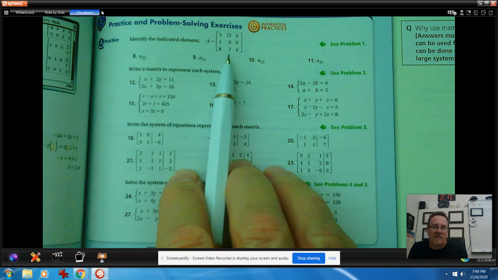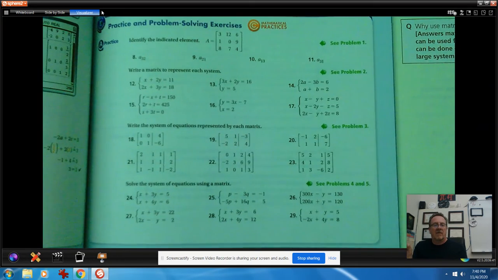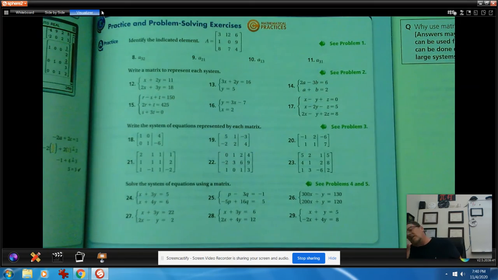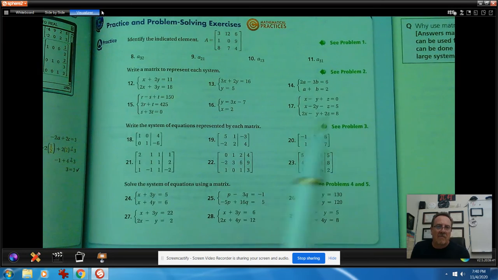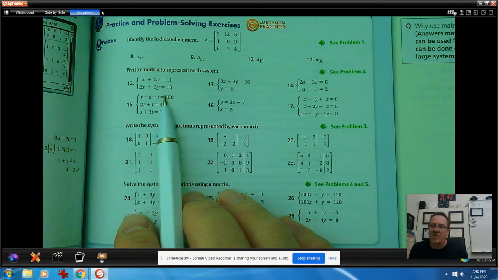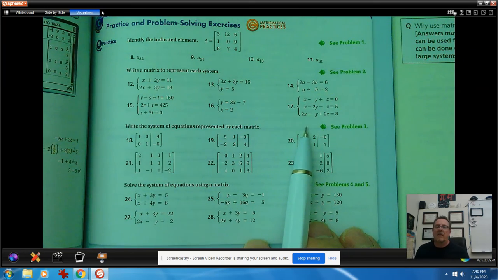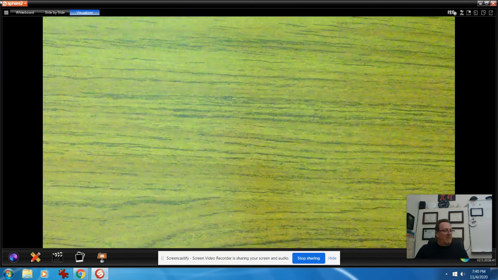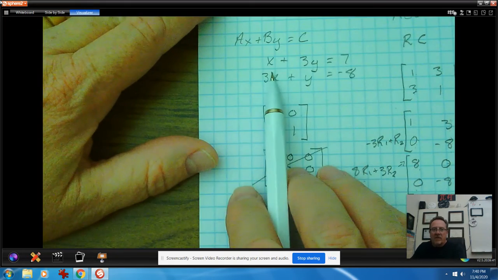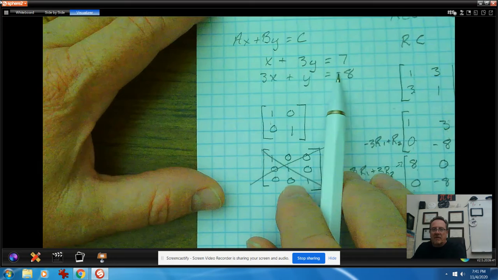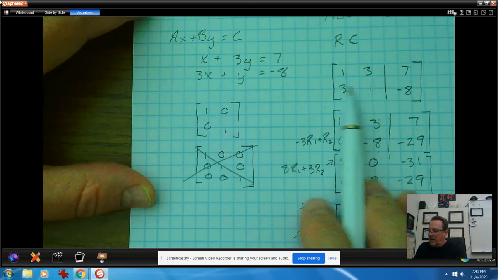It's just that easy. Then the second thing you're supposed to do here is to write a matrix to represent each system. It doesn't say solve. So for 12 through 17, all you are doing is writing a matrix. Just like we did before, if your system says x plus 3y equals 7, you're going to write the numbers 1, 3, and 7 into a matrix.